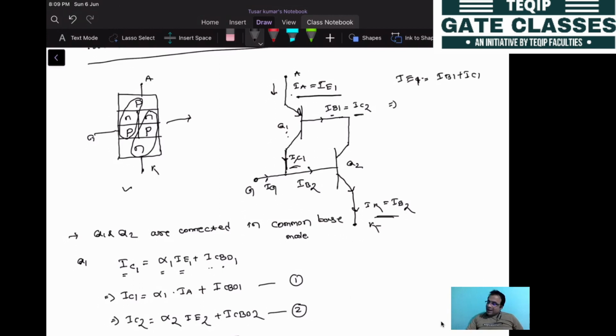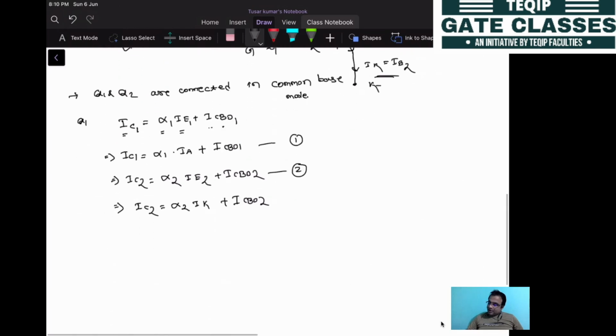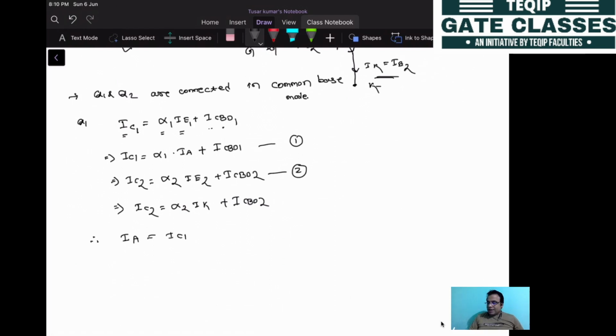Now IE1 is IA, so that is equal to IB1 plus IC1, and IB1 is nothing but IC2. So the anode current will be equal to IC1 plus IC2. Clear? Now put these values.